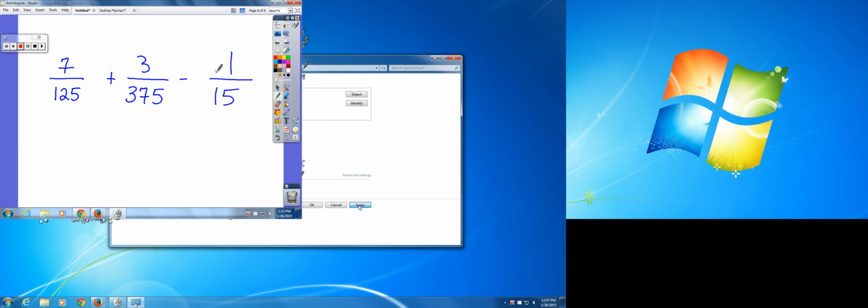Now the good thing about this is you don't have to worry about doing a bunch of different rules. You just have to worry about doing one rule. And that is putting them in order and finding out what the greatest common divisor is. That's it. So 15, 125, and 375.